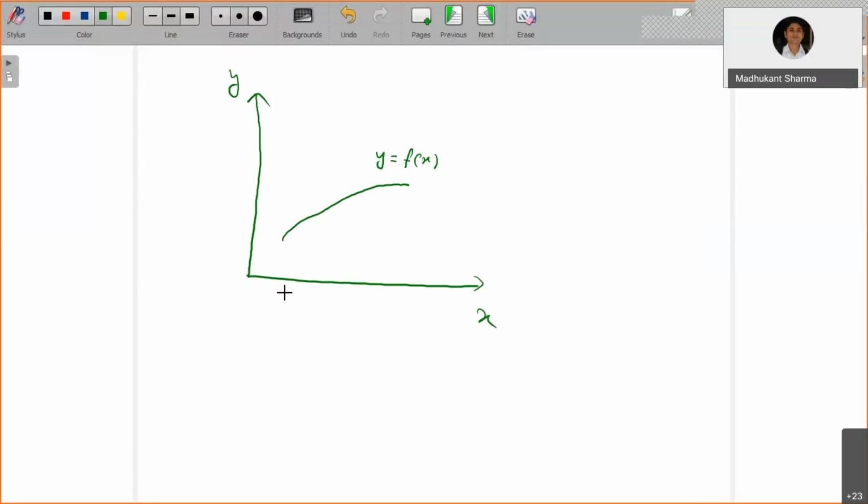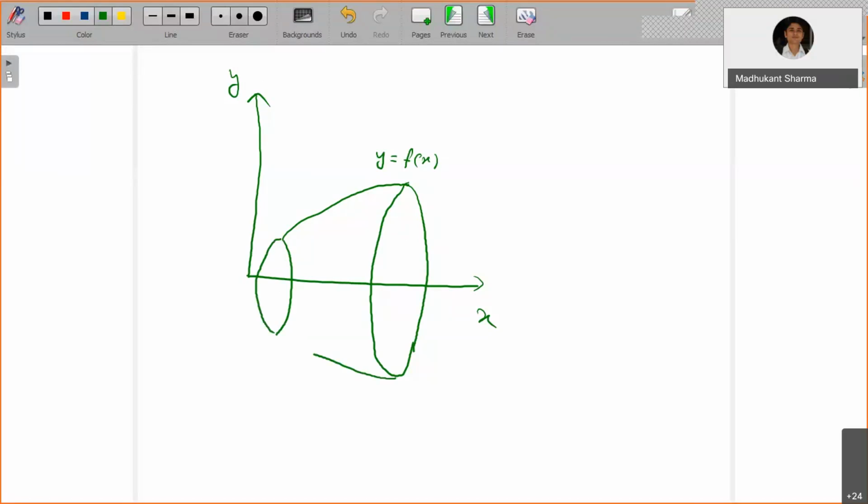If you revolve it about the x-axis, we will get something like this.